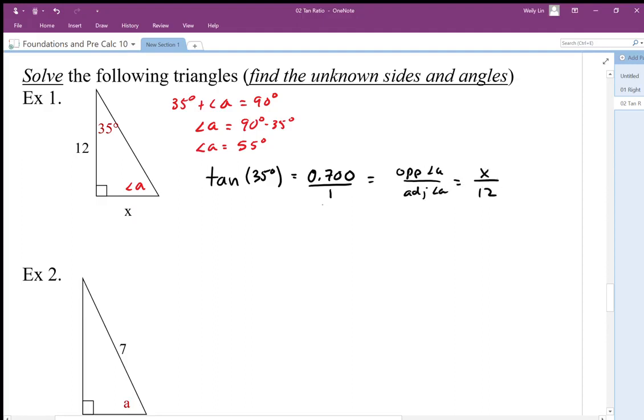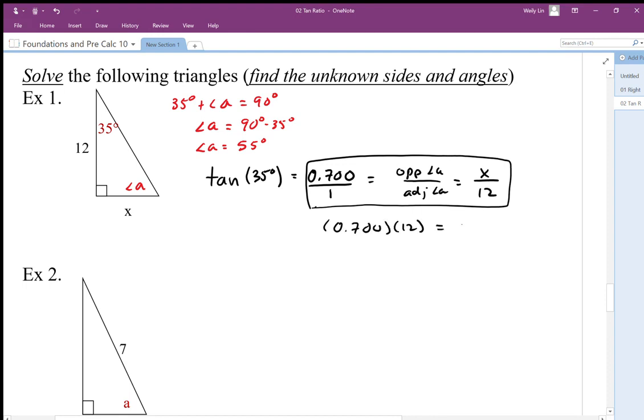And I can solve this ratio algebraically. If I cross multiply, I get 0.700 times 12 divided by 1 is equal to x.